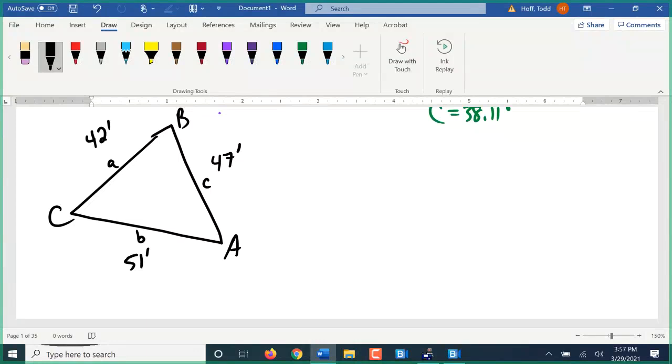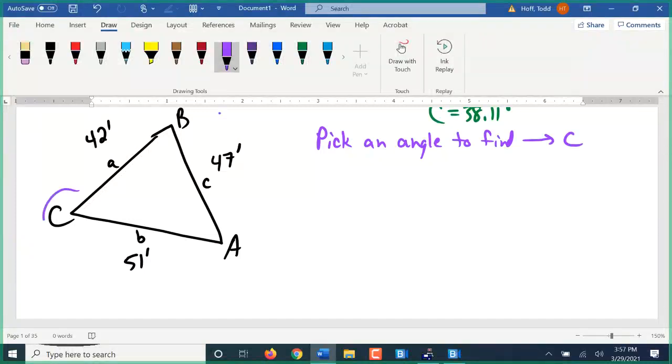Now I'm going to pick an angle to find. Have this formula here.